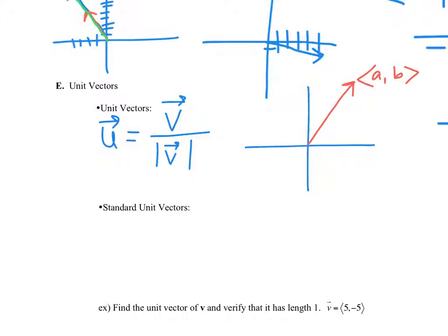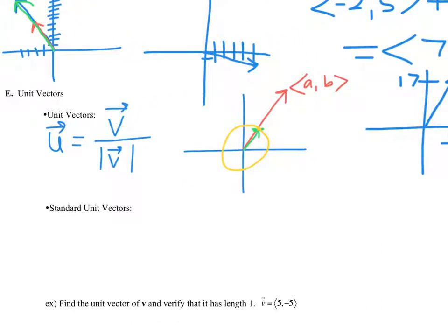I'm trying to find the vector that's going in the same direction, but that vector is special because it lands on the unit circle. So I take that vector and I divide it by its magnitude, the square root of a squared plus b squared. That'll give me the same direction. It just shortens my vector to a length of 1.